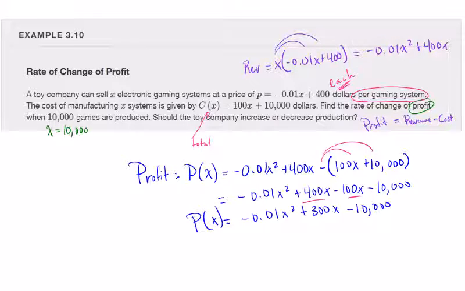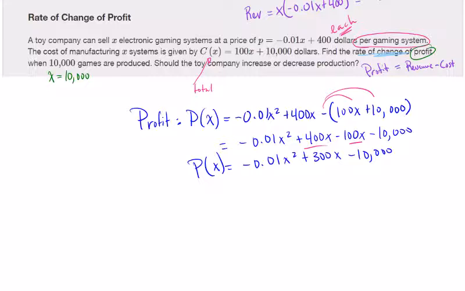And what we want to do is find the rate of change of profit when 10,000 games are produced, right? So basically we're trying to find P prime at 10,000, right?